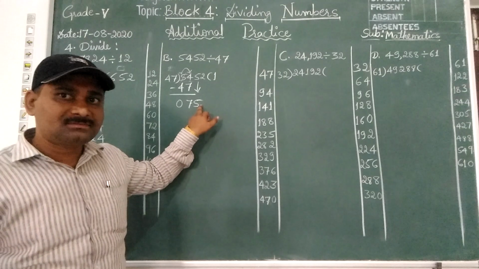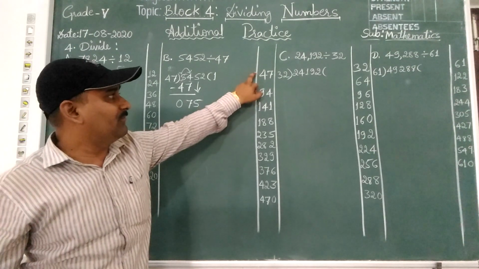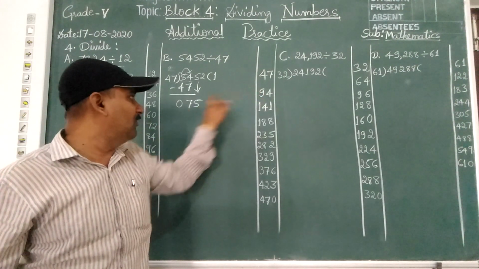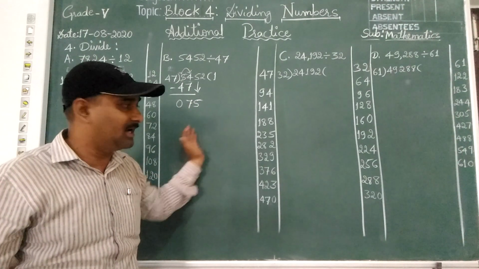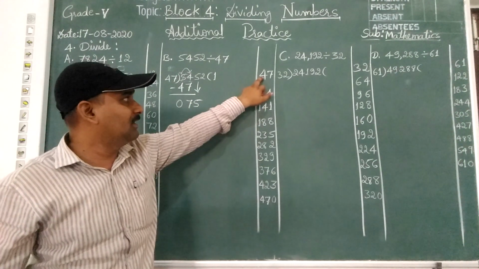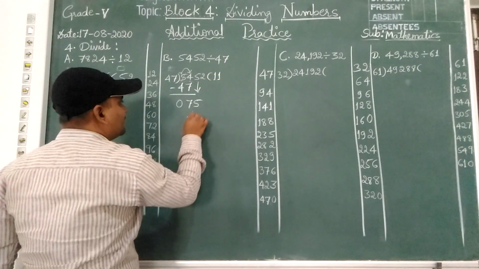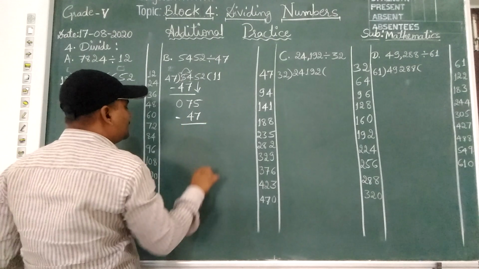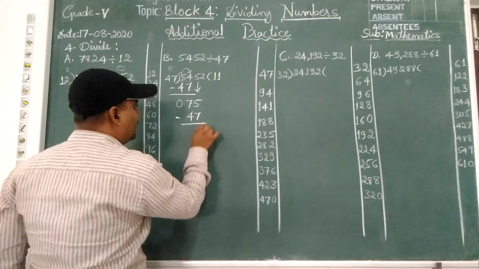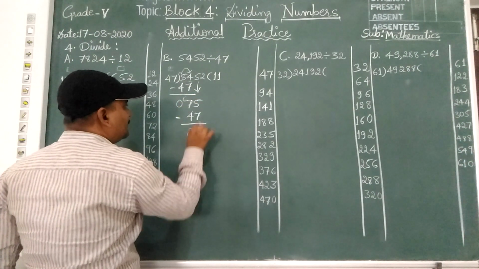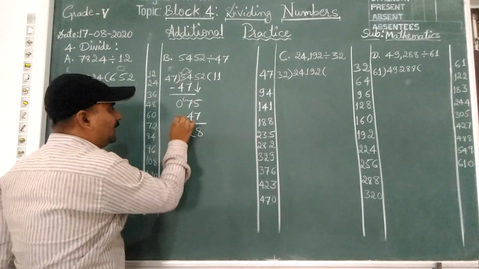See, children, here also, if I take 47 2s, 94, it will be more here, I cannot subtract. So I cannot take 94. So less than 94 is again 47 1s are 47. So 15 minus 7 is 8. So it is 6 now. 6 minus 4 is 2. Okay.